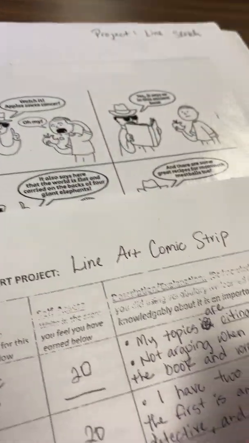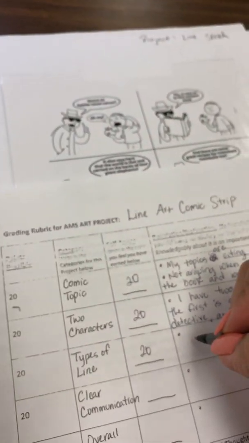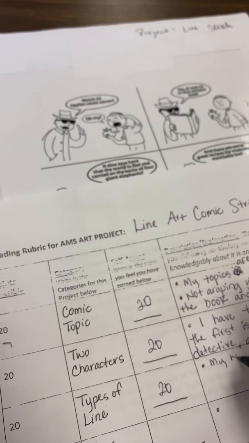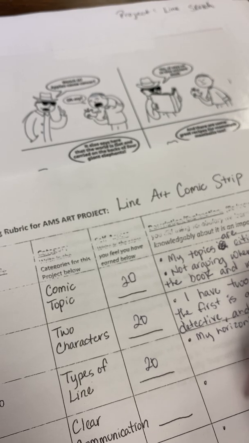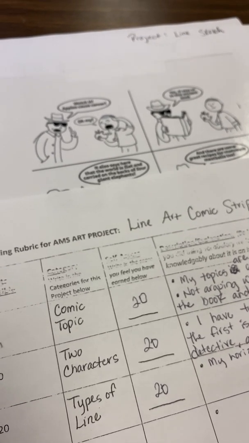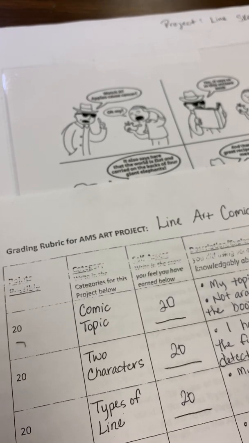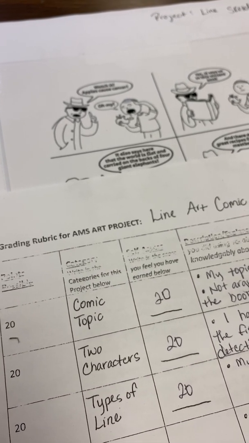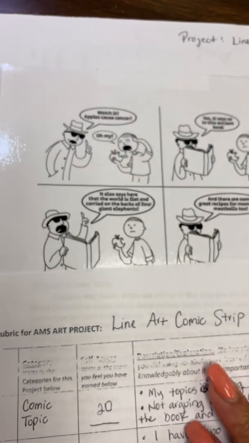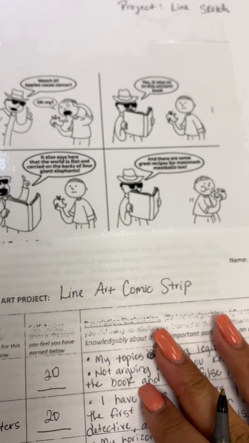And then on this side, I want you to write where your types of lines are. My horizontal line is in, let's see, let's use one actually in the artwork.